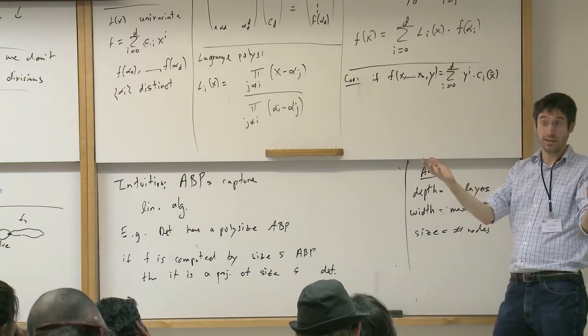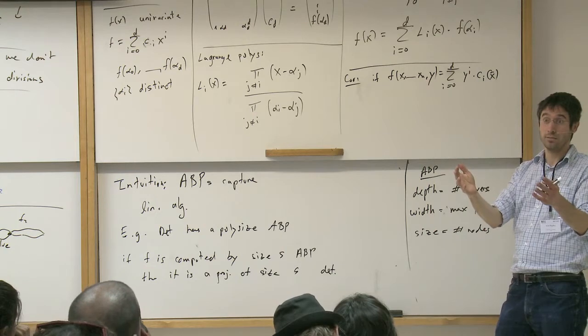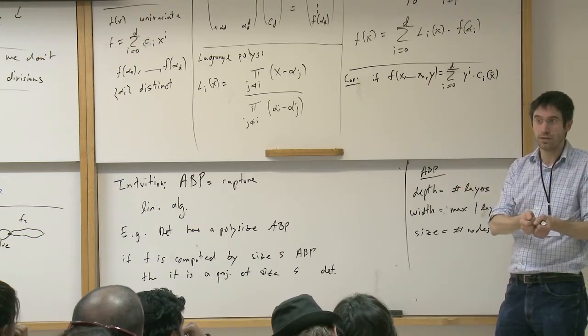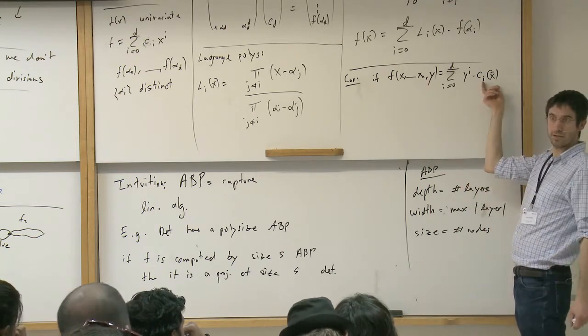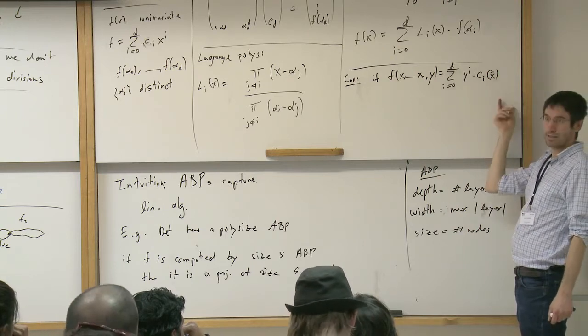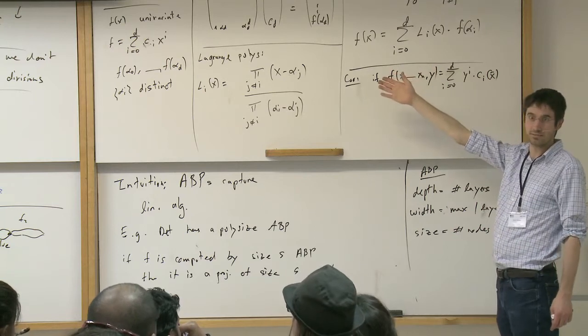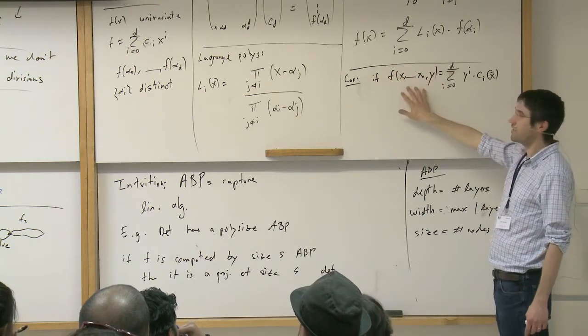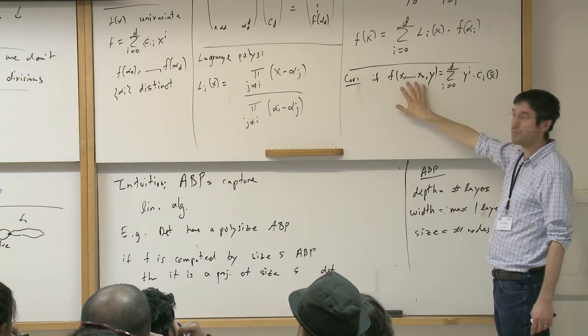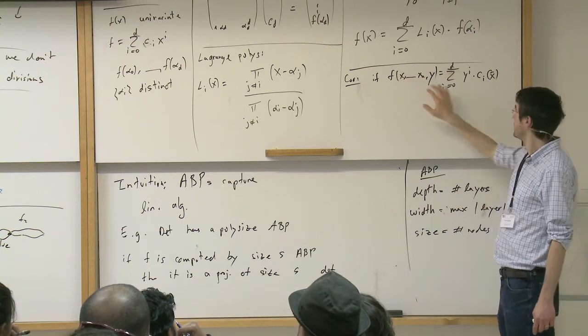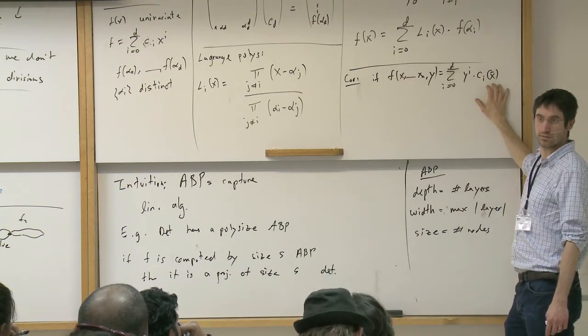Every multivariate polynomial, I can look at the coefficient of y to the i, and it's going to be some polynomial in the x variables, and I expand it like that. Now, what I want to say is that if f is a small circuit, then each of those c_i's is also a small circuit.